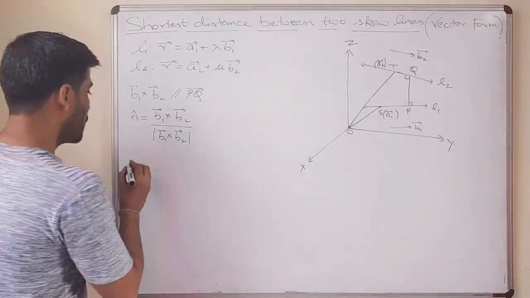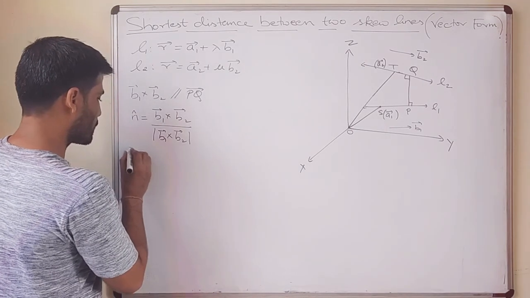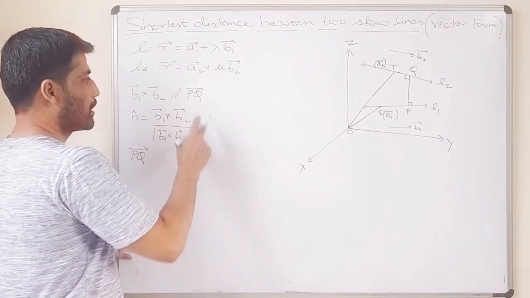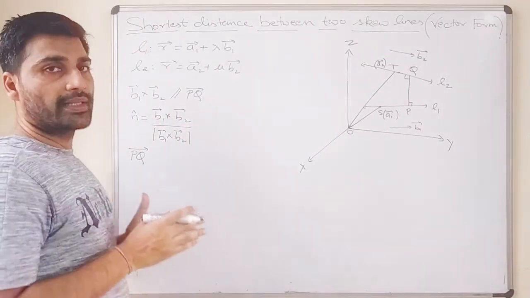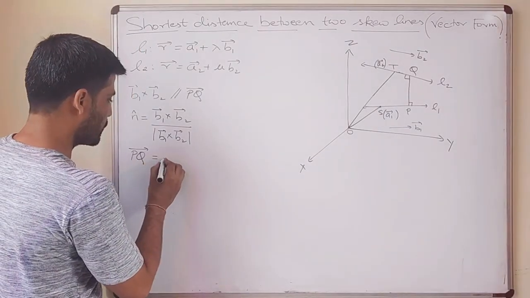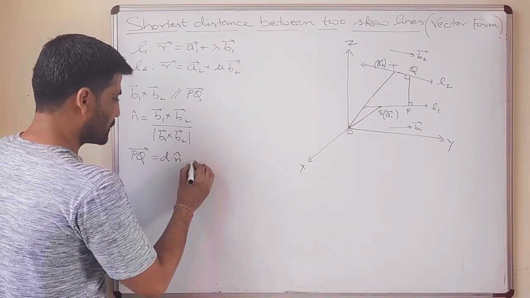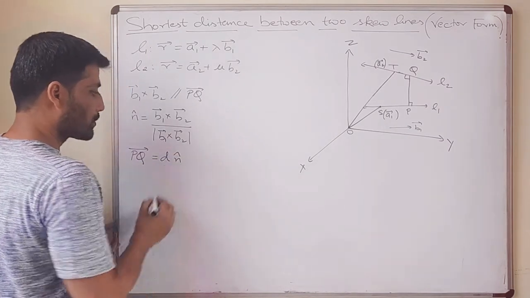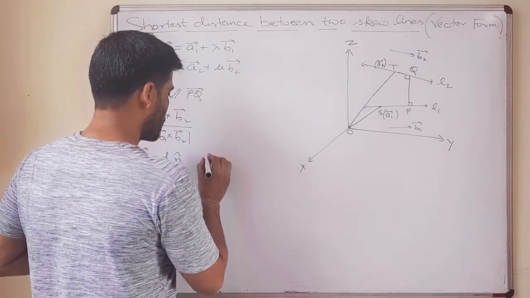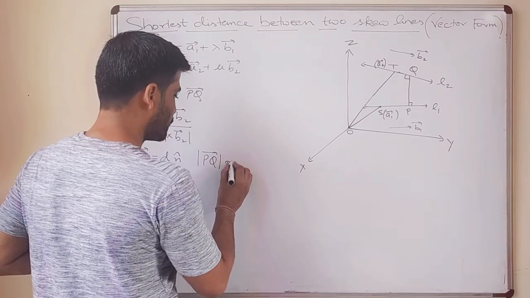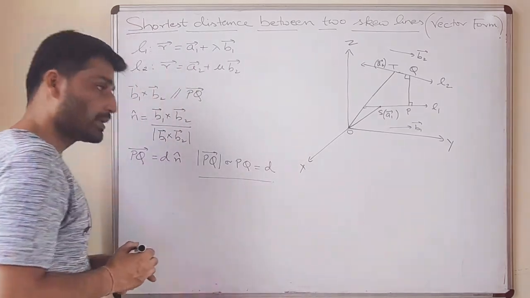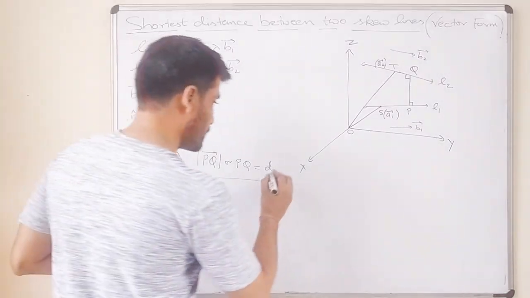Now, just because vector PQ is in the direction of the unit vector n cap, I can suppose that vector PQ is equal to d n cap, meaning I am assuming that the magnitude of PQ is some scalar d.